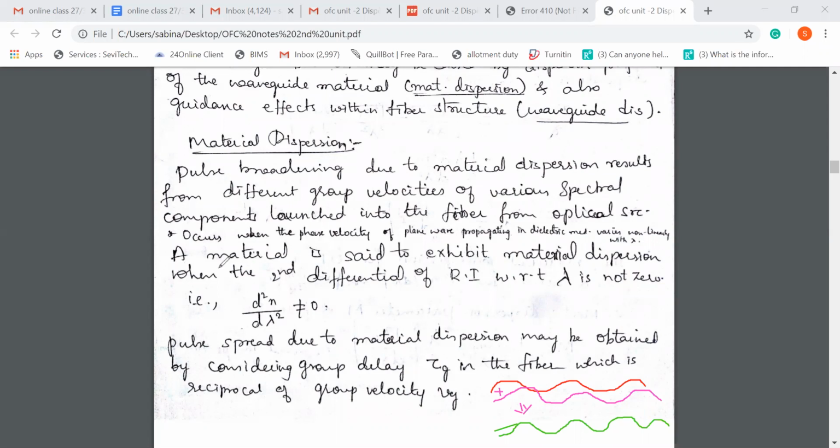Actually, the material exhibits material dispersion when the second derivative of the refractive index with respect to lambda is not 0. That means d2n by d lambda square is not equal to 0.